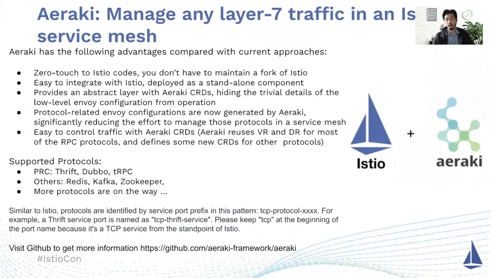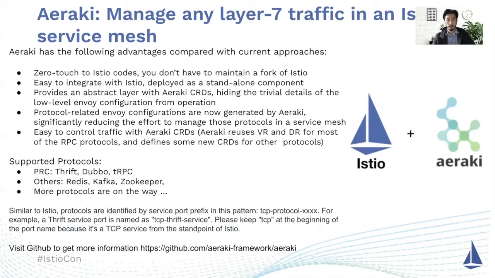Aeraki has the following advantages compared with current approaches. It doesn't touch the Istio code, which means you don't have to maintain a fork of Istio. It is deployed as a standalone component in the control plane and can be easily integrated with Istio as a plugin, with just a few lines in the istiod configuration.